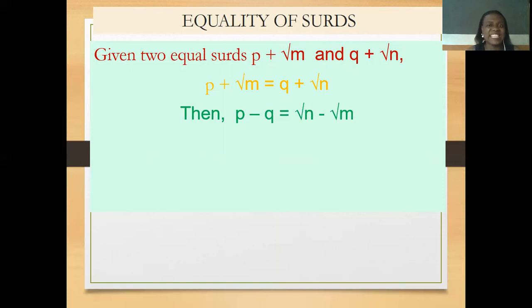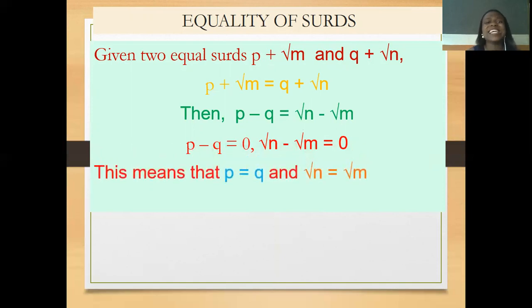So that means that in essence, P minus Q must be zero, and root N minus root M must be zero. Now let's break it down a little. It means that P must be equal to Q, and root N must be equal to root M. For you to claim that two surds are equal, P must be equal to Q, and root N must be equal to root M.